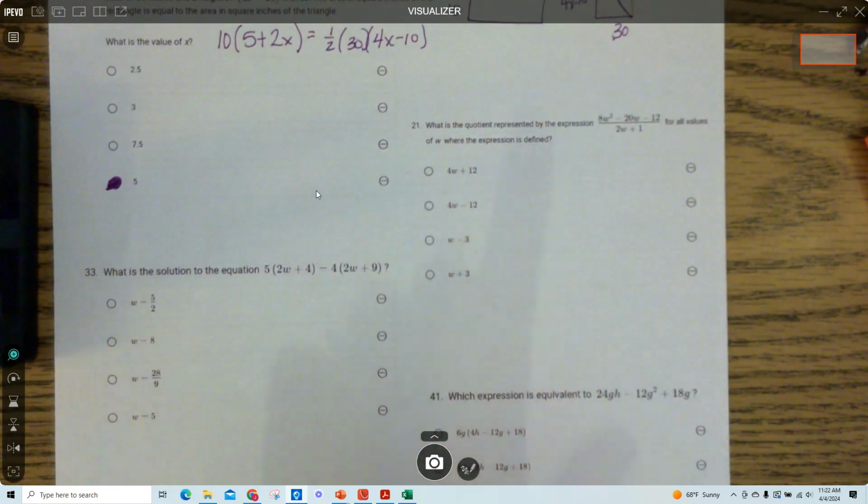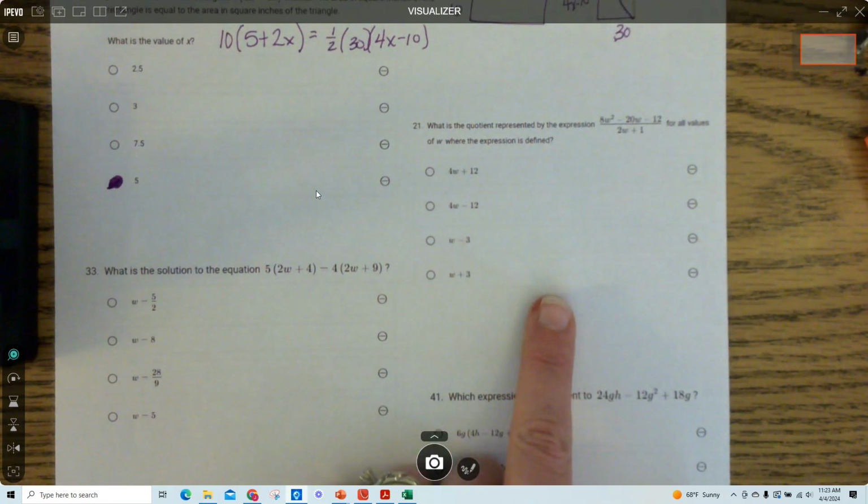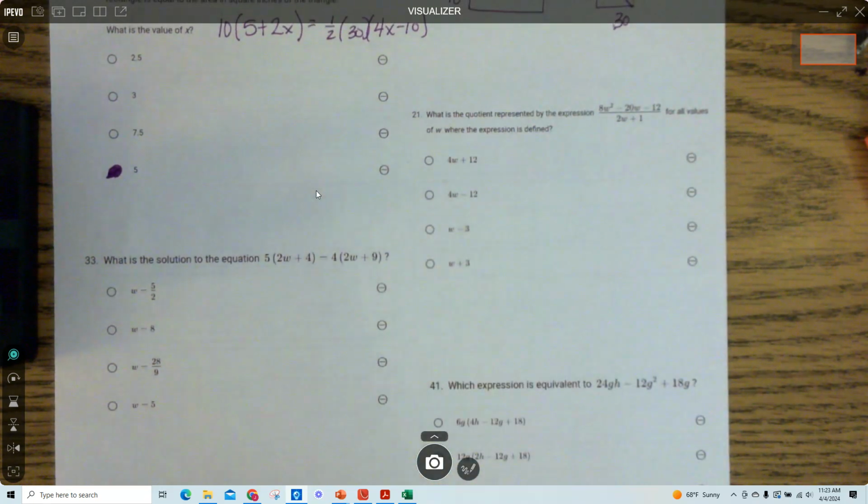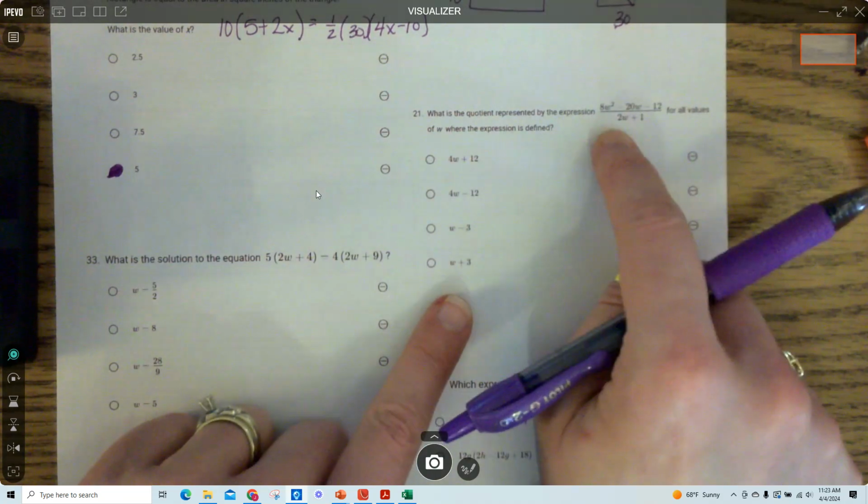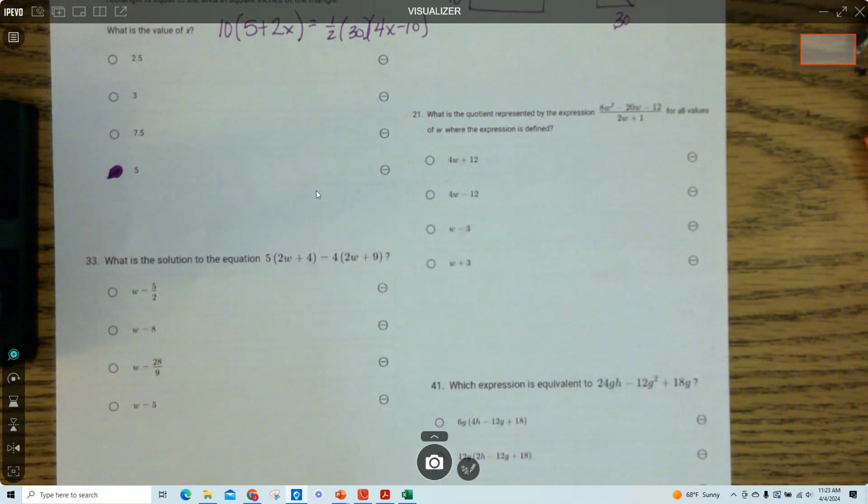21 is the first time a polynomial division question has shown up on an EOC. For years we've been going, this has never shown up. It's probably not going to show up. And after 10 years, finally shows up. Okay? So this one says, what is the quotient represented by the expression, this, for all values of w where the expression is defined?